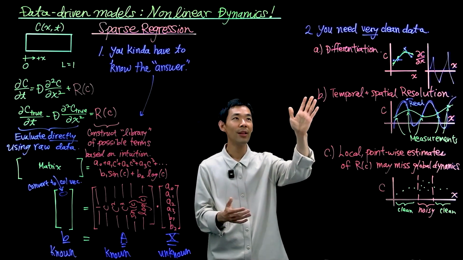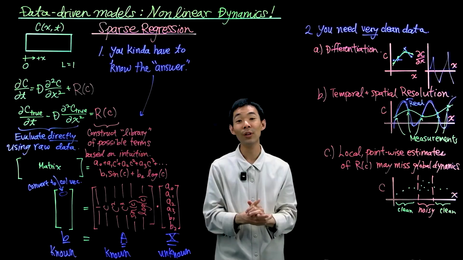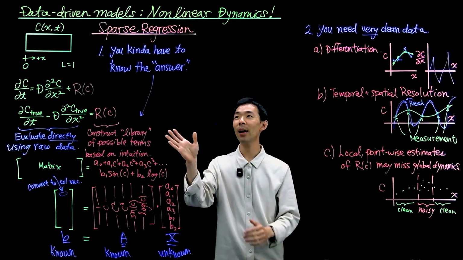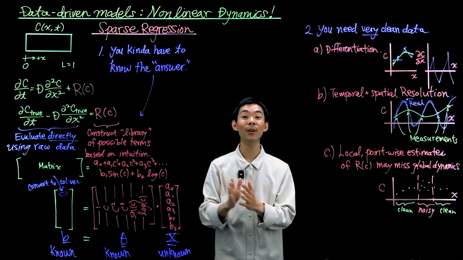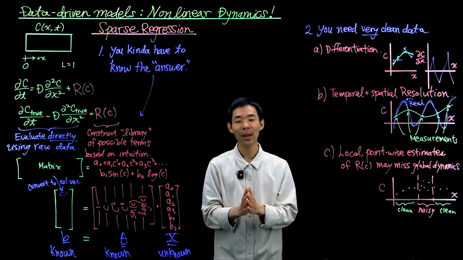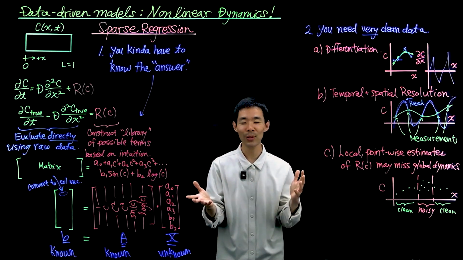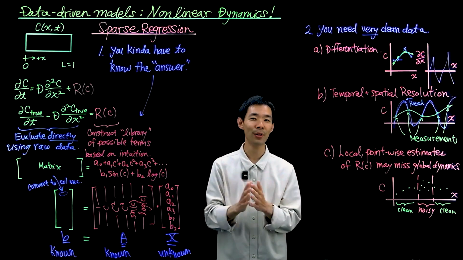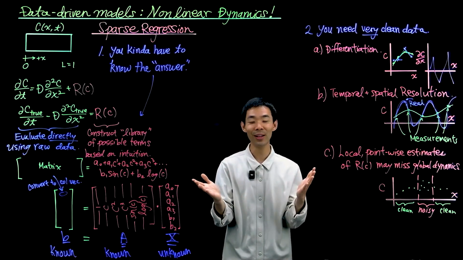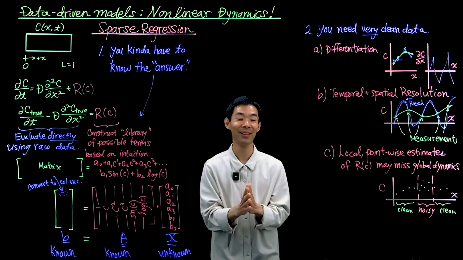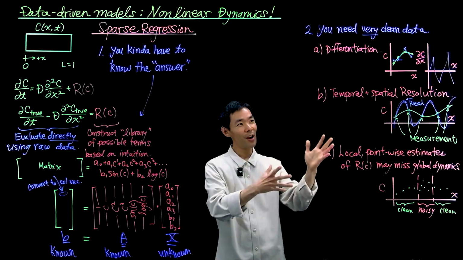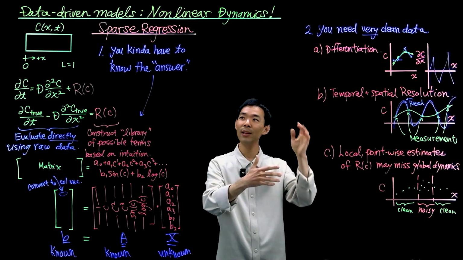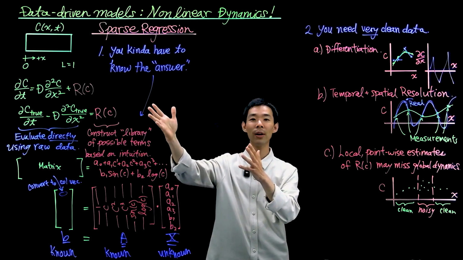So these are the three different things you should at least think about when you apply or try to apply this type of sparse regression technique. Now, like I said, there are many users of this approach of sparse regression. I actually use it a lot as well. It's extremely effective. And you just have to watch out for a couple of different things related to your data and your intuition regarding your problem.